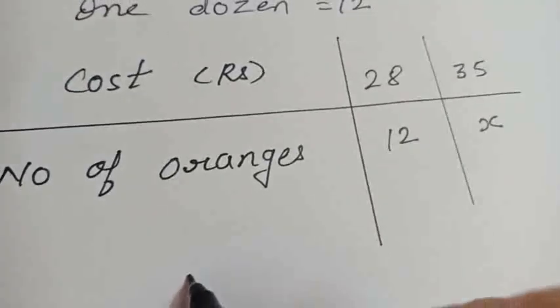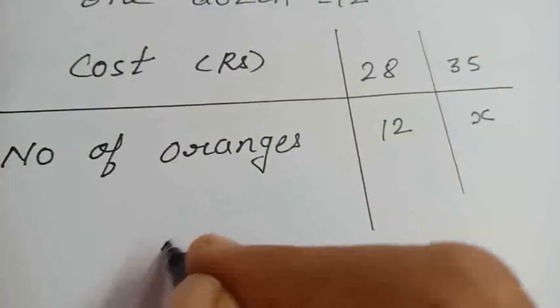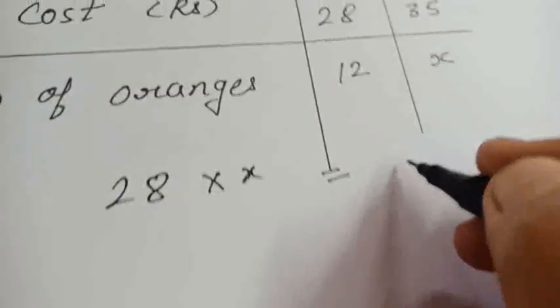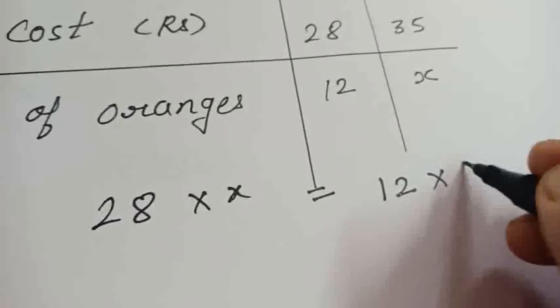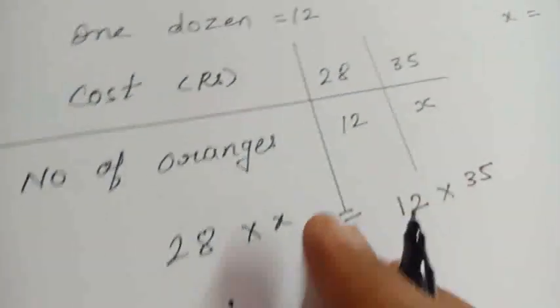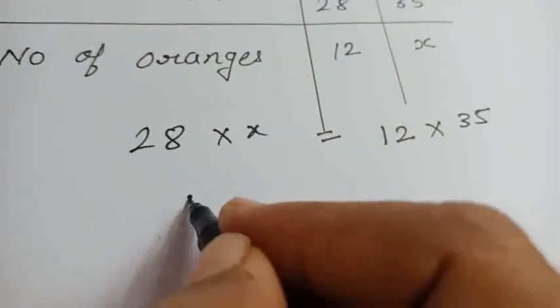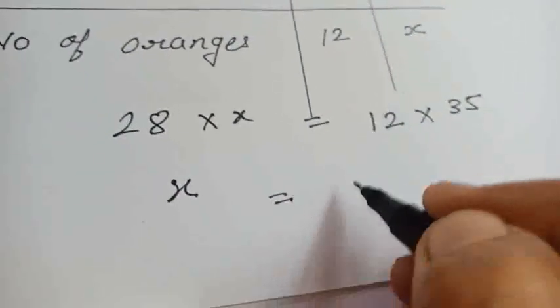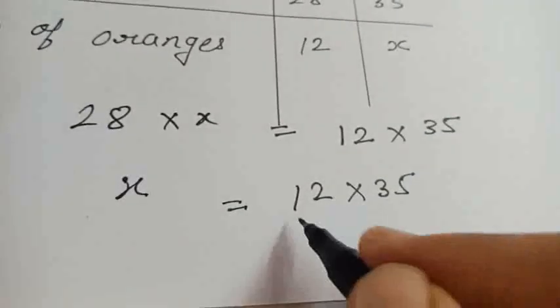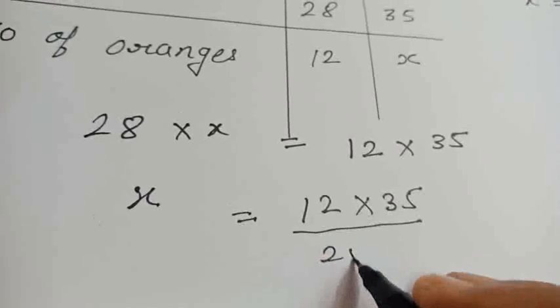Cross multiply. So it will become 28 into x is equals to 12 into 35. And then we have to bring this x here and then 12 into 35 and this 28 will be here.